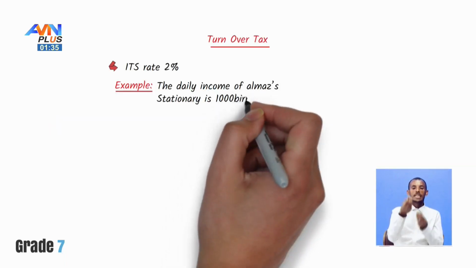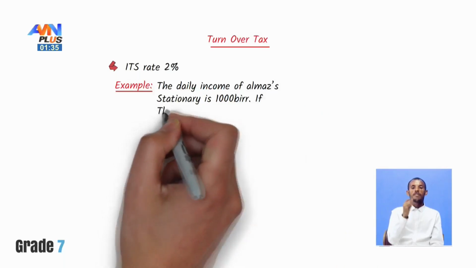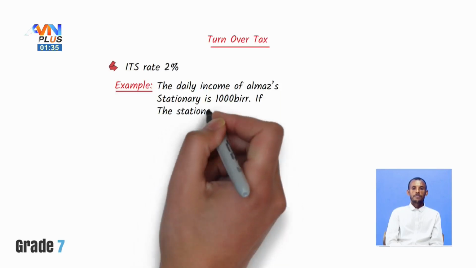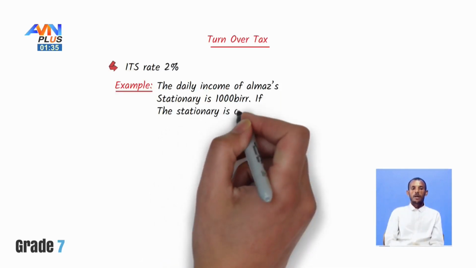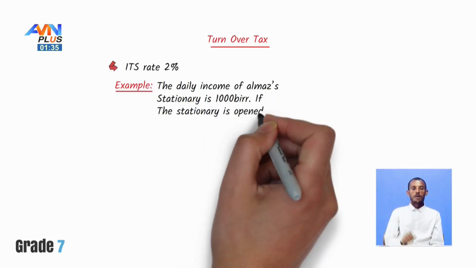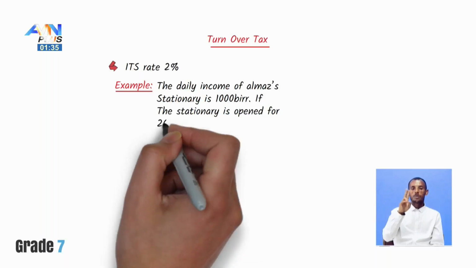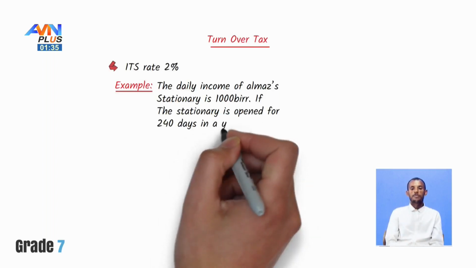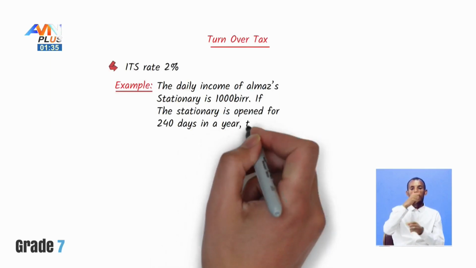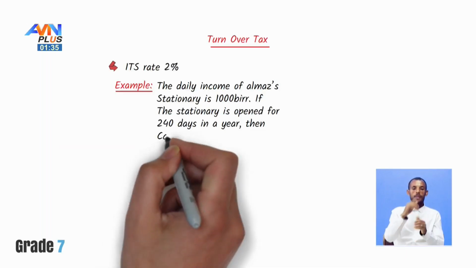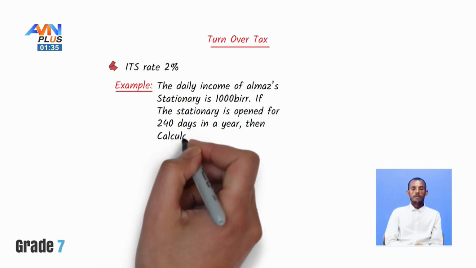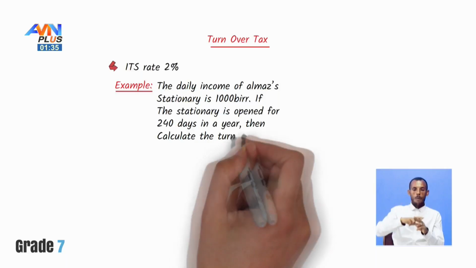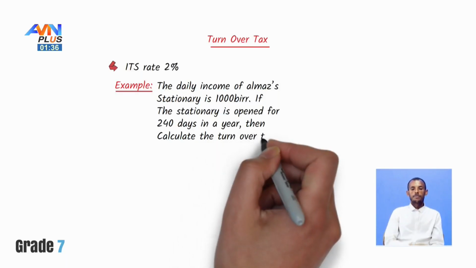If the stationery is opened for 240 days in a year, then calculate the turnover tax payable.